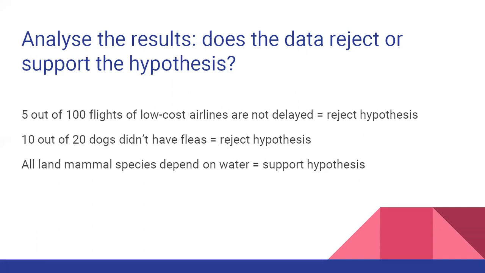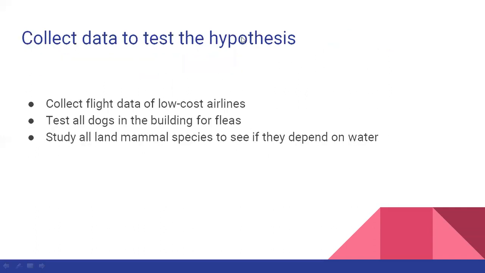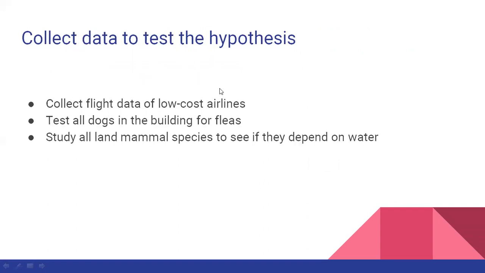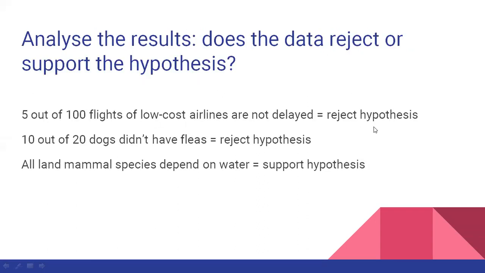So if 5 of 100 flights of low-cost airlines are not delayed, the outcome is to reject the hypothesis. What was our hypothesis? Our hypothesis is that passengers flying with a low-cost airline will always experience delays. So we have to reject that hypothesis.